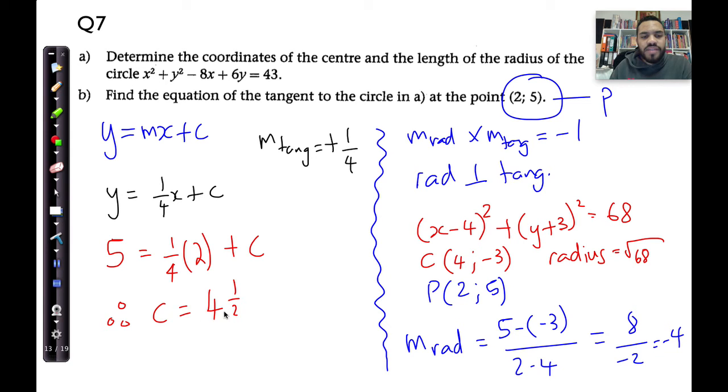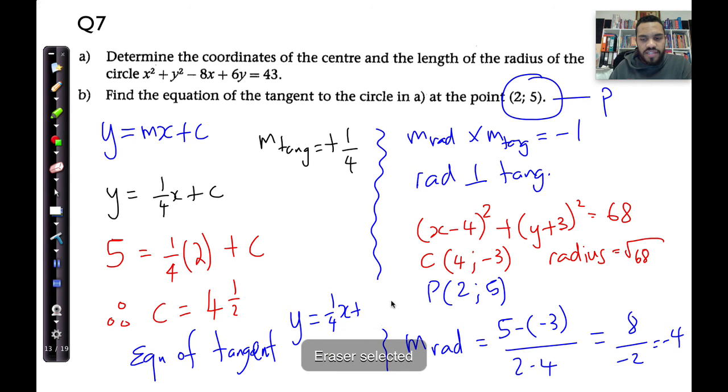And that gives me an equation of the tangent. Equation of my tangent is going to be y is equal to 1/4 x plus 4.5.